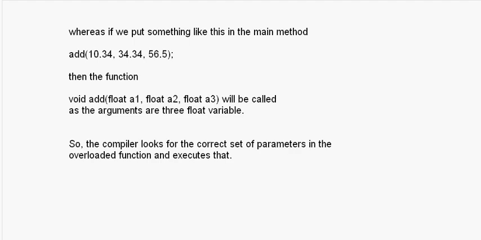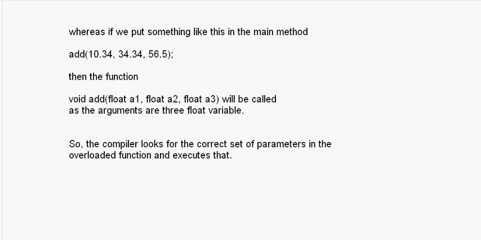If I put something like add 10.34, 34.34, 56.5, then the function with 3 float parameters will be called, because I'm passing 3 decimal numbers as the arguments.